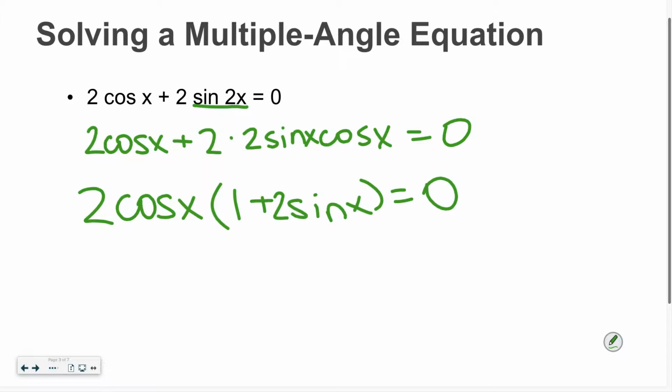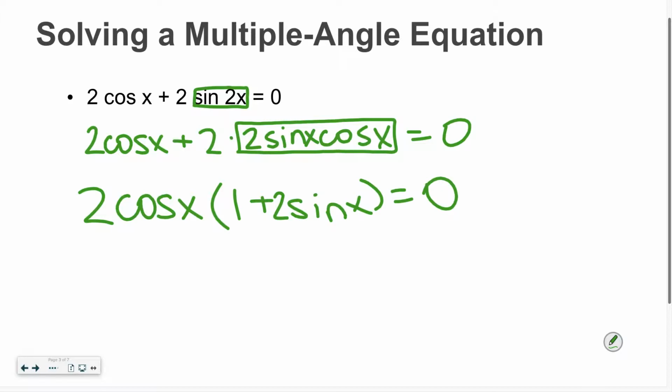Factor out of 2 cosine x, left over here is 1, left over here is 2 sine x. Yes? So even though there's like a 2 in front of the sine x, or sine 2x, you have to add another 2 in front of it. Right, so if I highlight just this, we use the formula to get to here, but there's still that 2 coefficient that we have to multiply through. Does that answer your question?